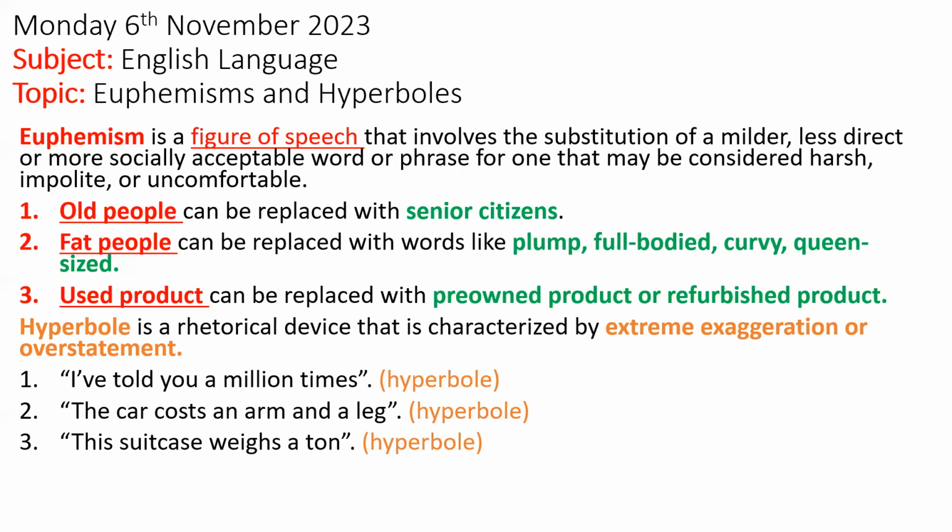And euphemism is when you basically give a milder statement as a substitution for a harsh statement. So inside the chat, give me an example of a hyperbole, an exaggeration. Put your hands inside the chat, please.